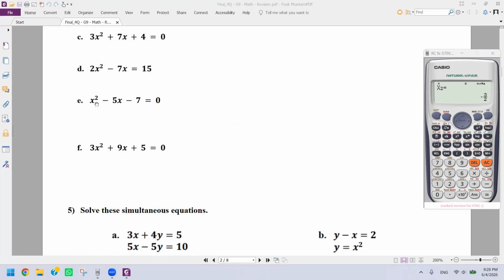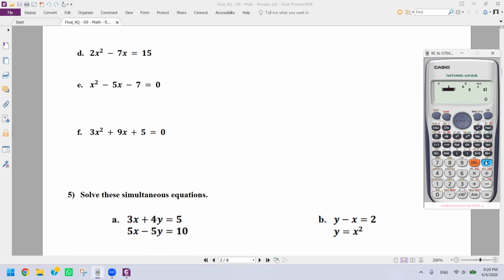Part A, 1, minus 5, minus 7. So when you get a square root, then you cannot write the answer directly from the calculator. So you have to use the formula. What's the quadratic formula?